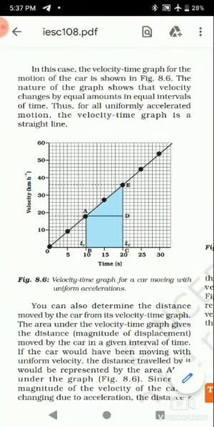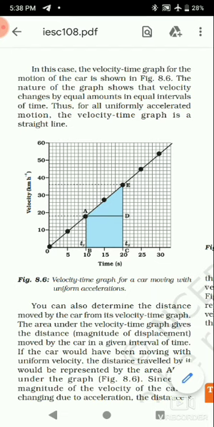Next page. Here we can see the velocity-time graph for a car moving with uniform acceleration, drawn according to the table on the previous page. So here you can see the velocity-time graph is a straight line passing through the origin, inclined with the time axis.